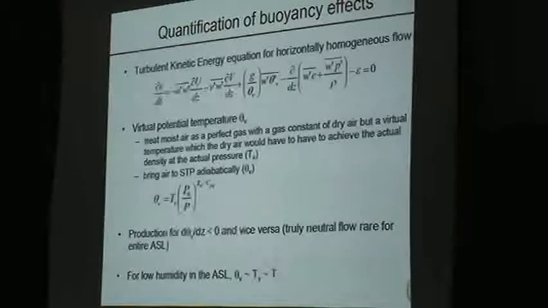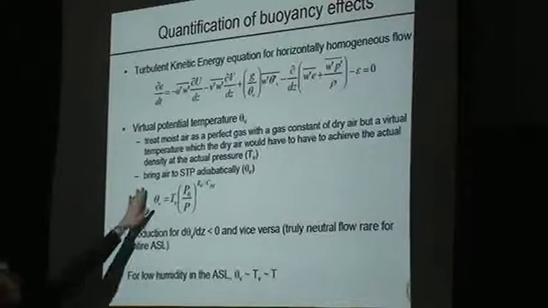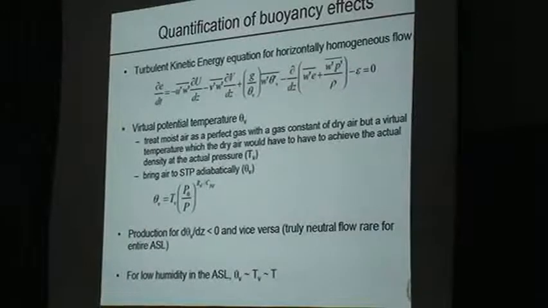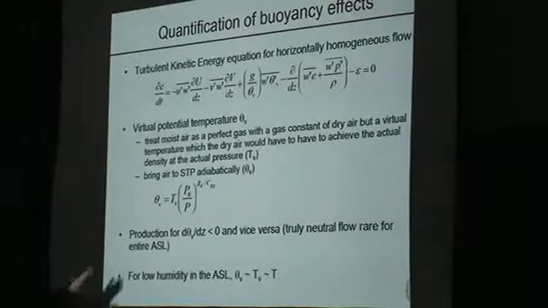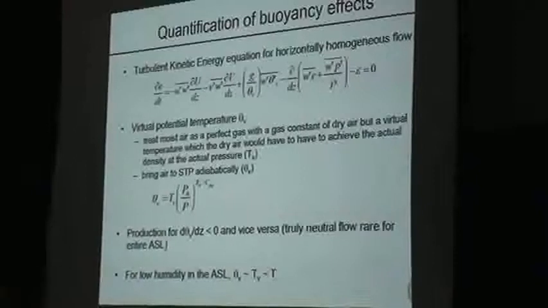We treat moist air as a perfect gas with the gas constant of dry air, but the virtual temperature is the temperature which the dry air would have to achieve to have the actual observed density at the actual pressure, and that's TV, T virtual, or theta V. I'll use both of those together. Theta V then brings the air to standard temperature and pressure. So this is the definition of theta V.